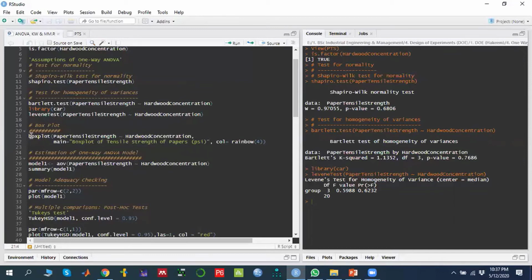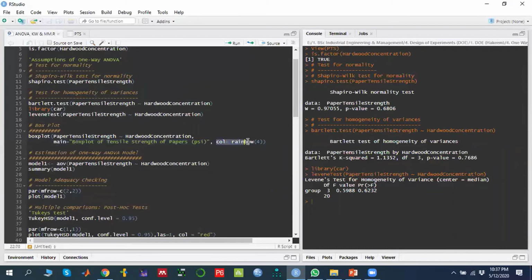So in order to draw the box plot, we write boxplot, then the name of the quantitative variable, which is the dependent variable, that is paper tensile strength, tilde sign, and then hardwood concentration, that is the factor. Then a comma, main equals, this is not necessary. This is just the heading of this plot, so whatever you write will appear at the top of your plot.